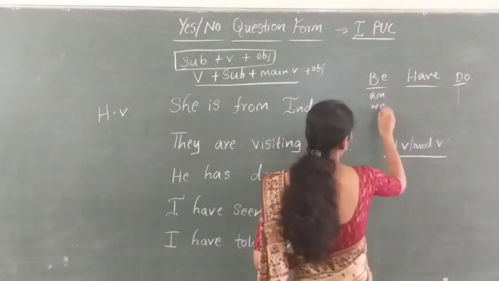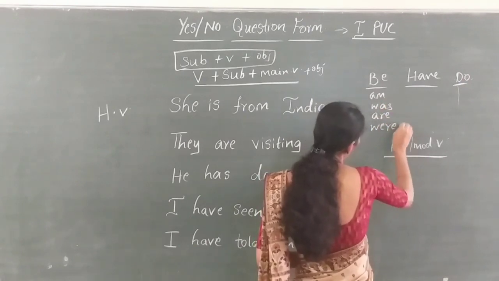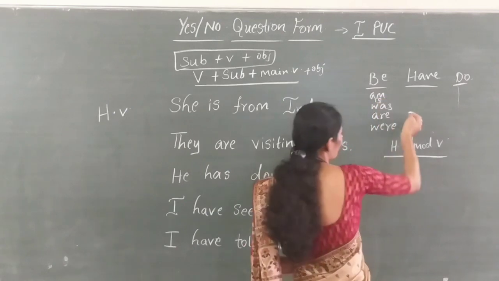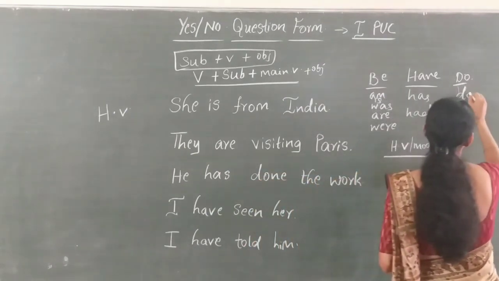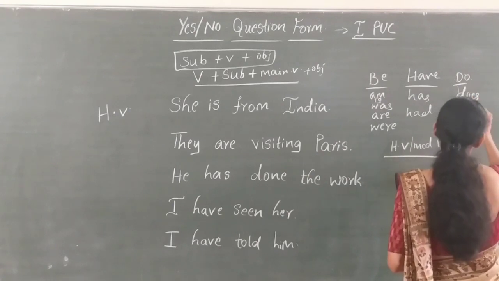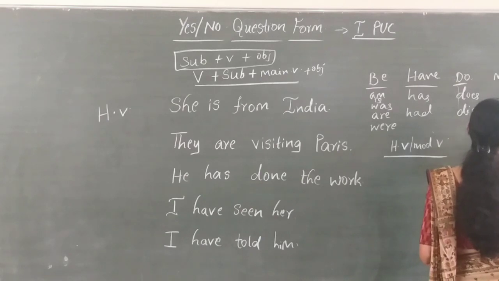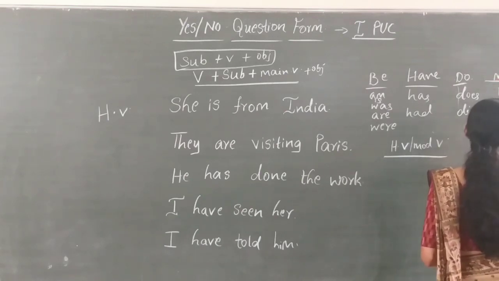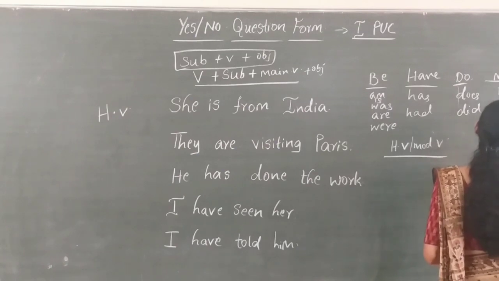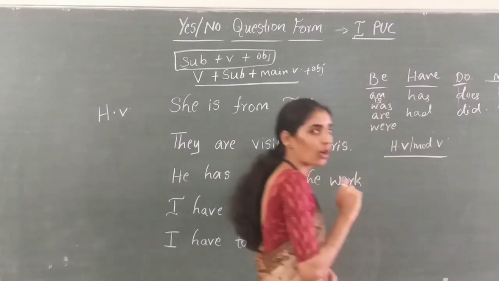Am, was, are, were and is. And then has, had, does and did. And there are also modal verbs. What are they? Will, and then would, can, could, shall, should. These are all modal verbs.